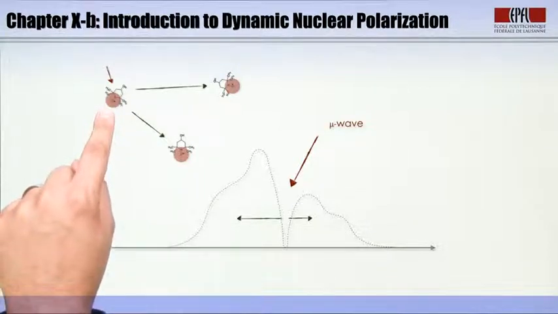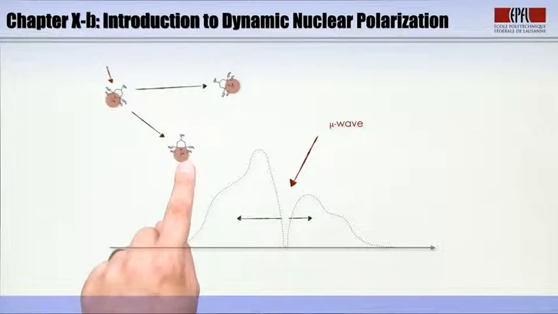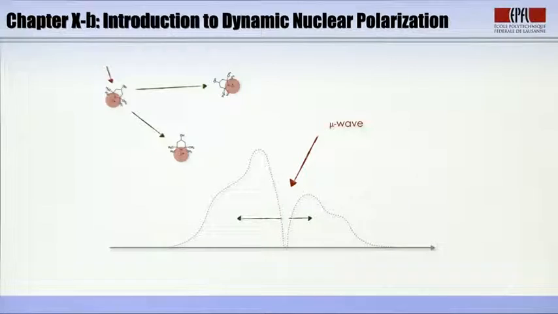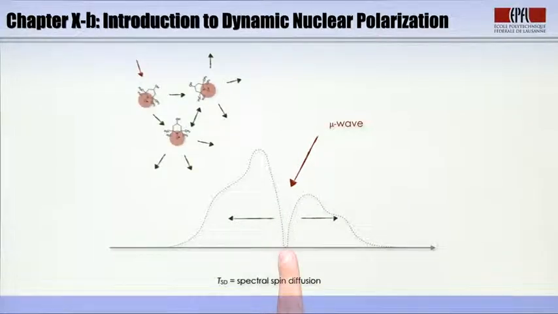But thanks to the dipolar coupling, this saturation may be transferred to other electron spins by spin diffusion. So what happens is that when you shine microwave at a specific frequency, this perturbation actually might propagate across the ESR line by what we call spectral spin diffusion.